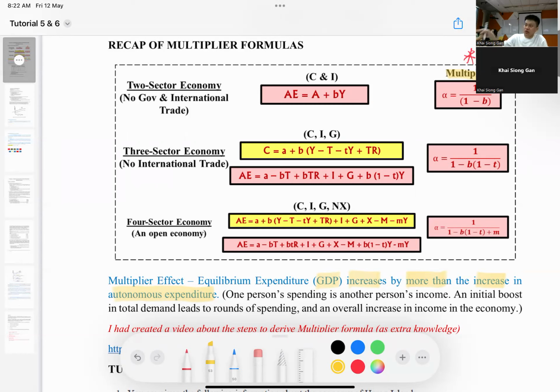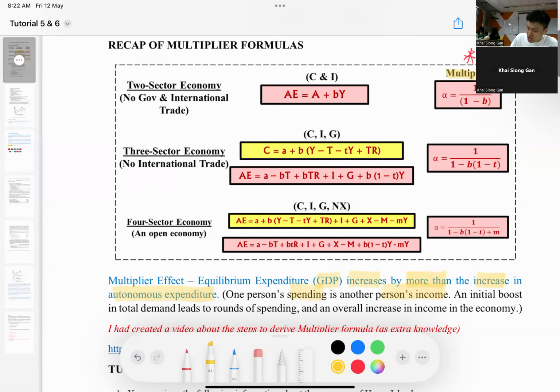Once you have the income, you use the money to buy goods and services from another person. So you can see that the initial amount supplied to the economy will have a multiplier effect. One person's spending is another person's income, and this income will be used to spend further as well.